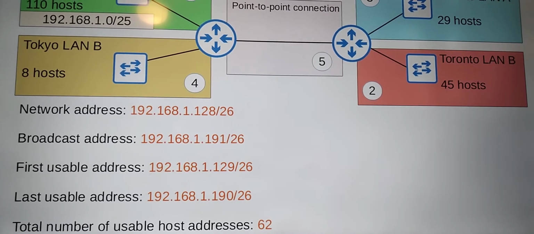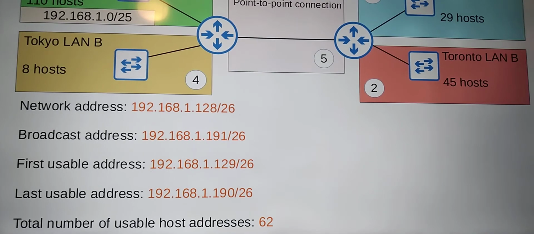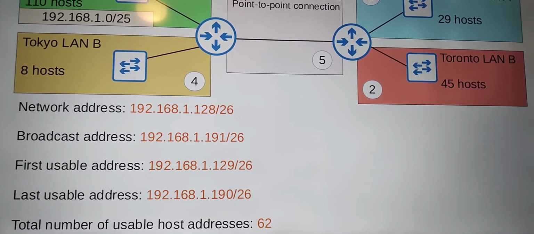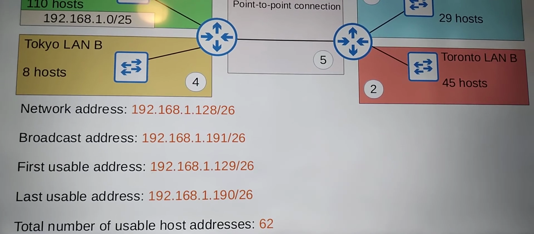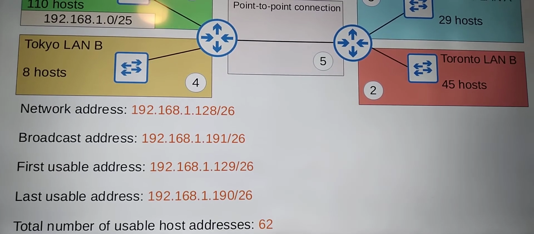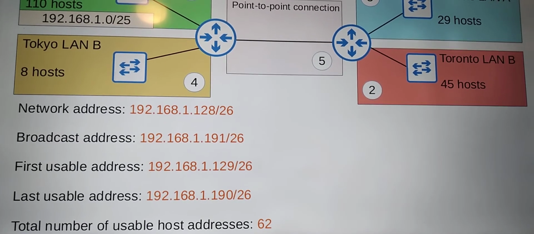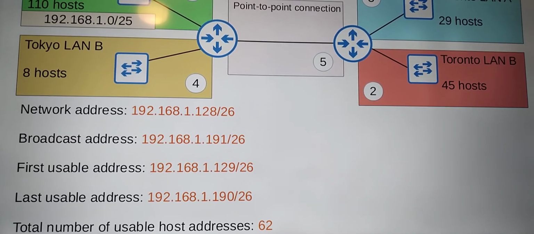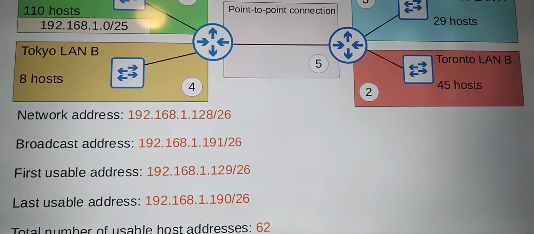First usable address is 192.168.1.129/26. The last usable address is 192.168.1.190/26, and the total number of usable host addresses is 62.